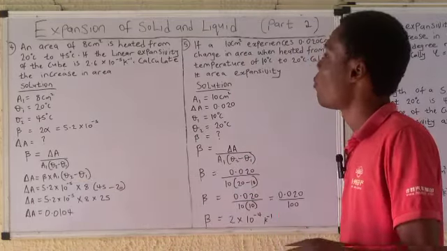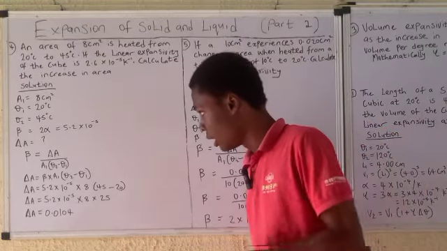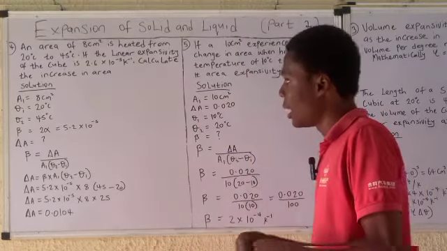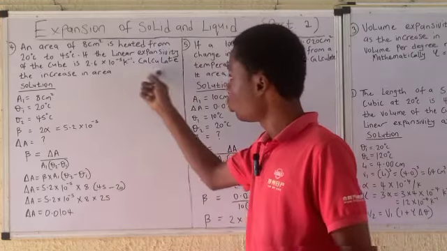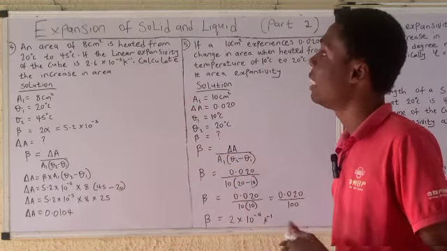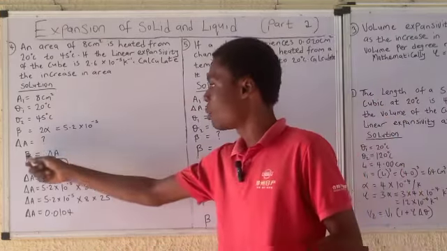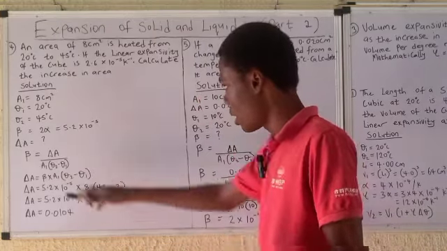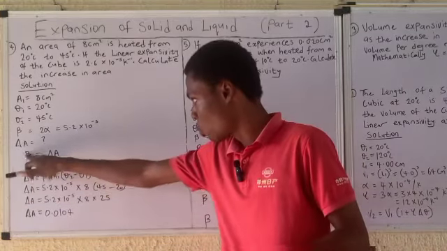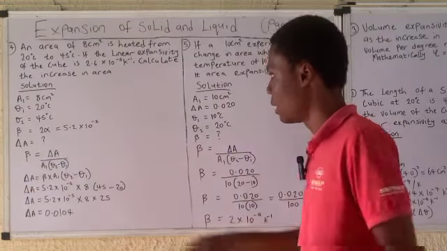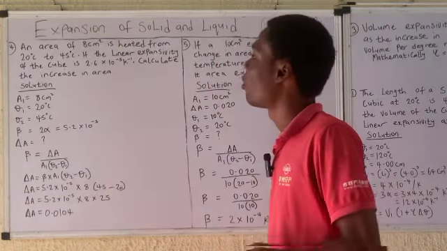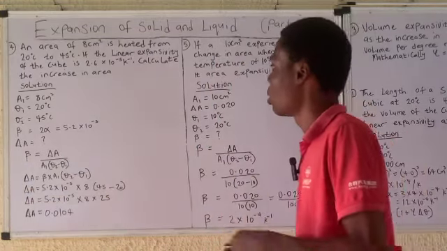Now, we know our formula for area expansivity is change in area over initial area times change in temperature. But they say we should calculate the increase in area. So what do we do? We cross multiply. When we cross multiply, we say change in area is equal to beta times what we have here. That's how we got this formula for finding our increase in area.